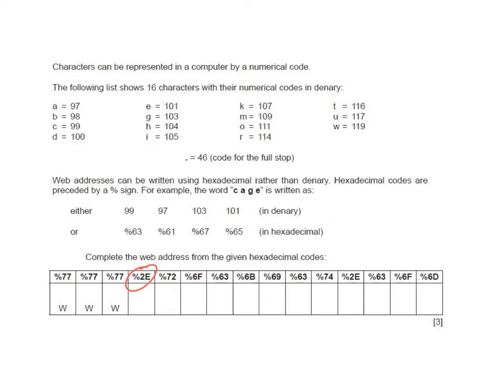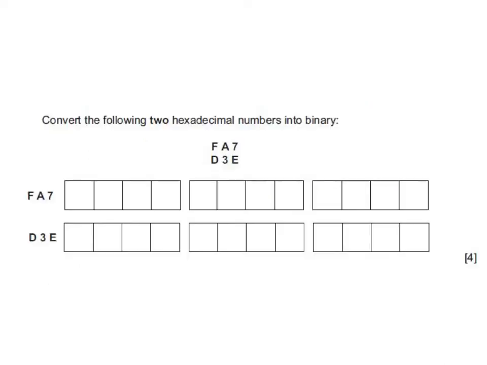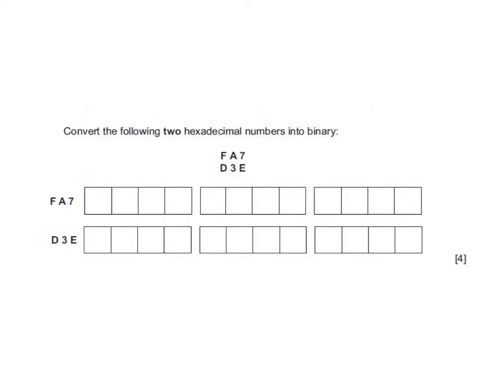That's obviously 46, so that would be dot. That ends up figuring out as something like rockict.com, I believe. So you can see the dots. Okay, a bit of problem solving, and it's just converting hex to binary and so on.